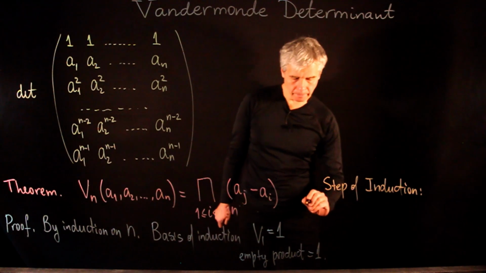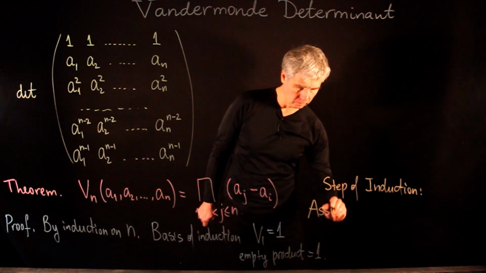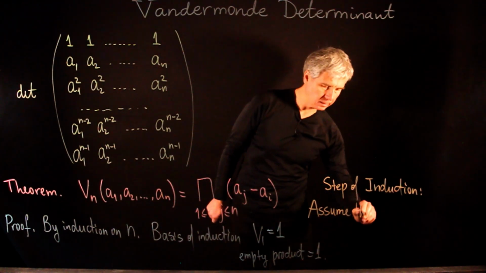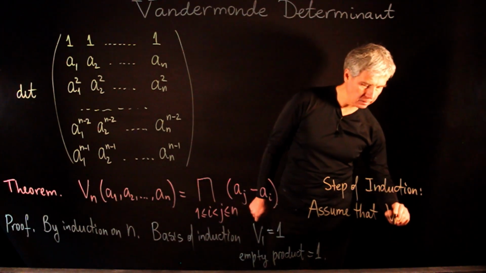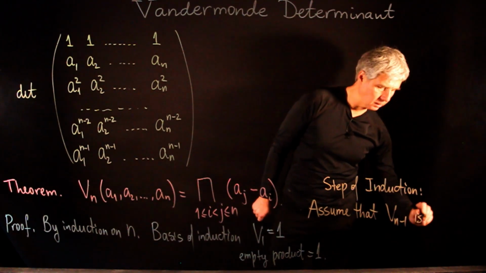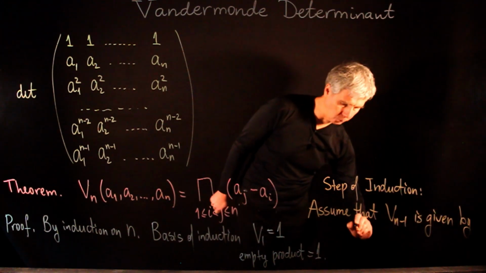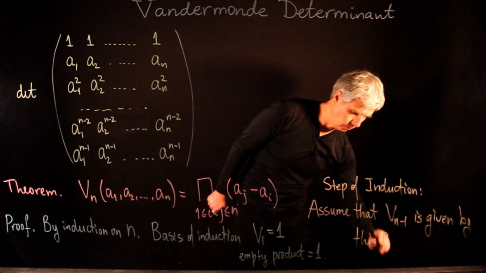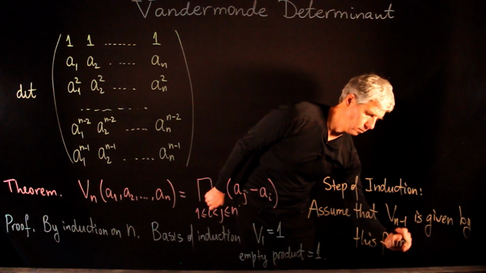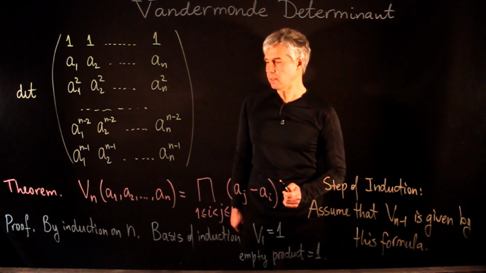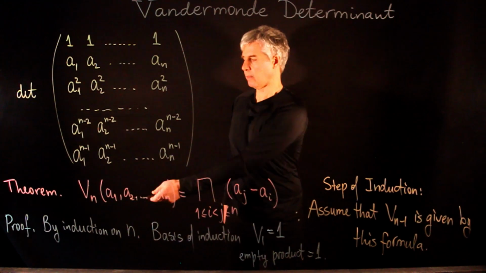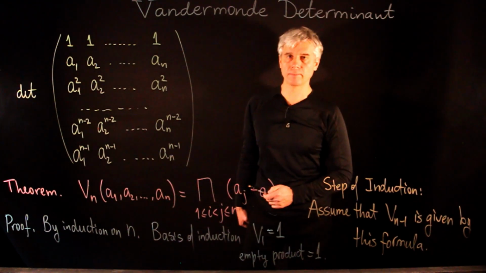So we assume that Vn minus 1 is given by this formula. And then we're going to show that this formula holds for Vn.